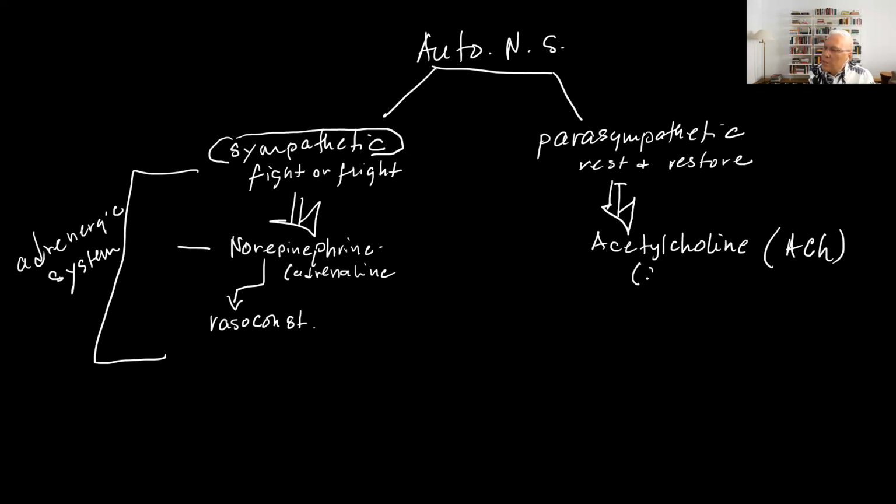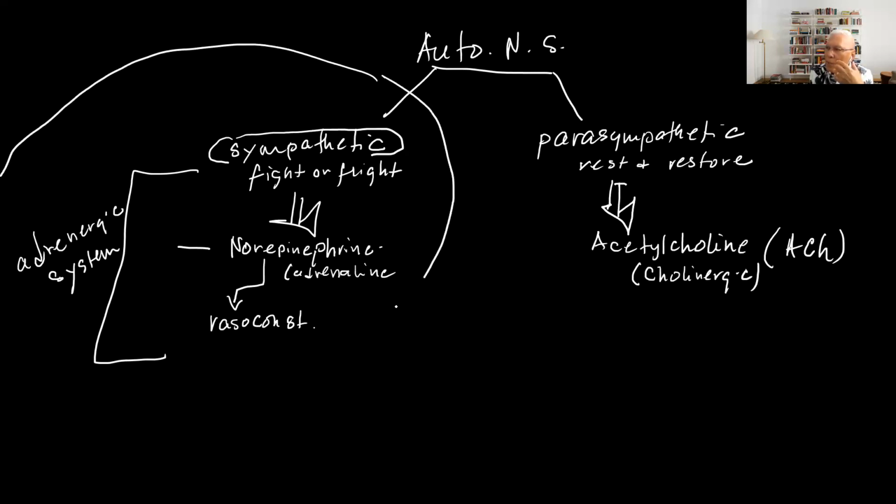And that's the reason why this part of the autonomic nervous system is known as the cholinergic system, from acetylcholine. Okay, so now we're going to be studying this particular thing. And I'm now going to go to another black screen to tell you a little bit about the sympathetic nervous system.